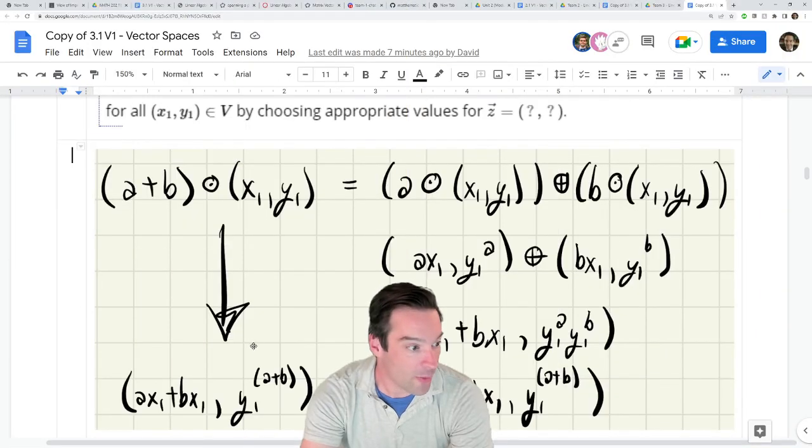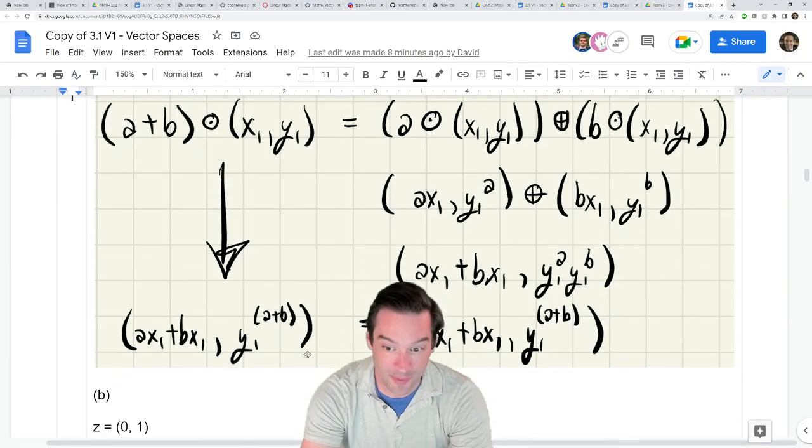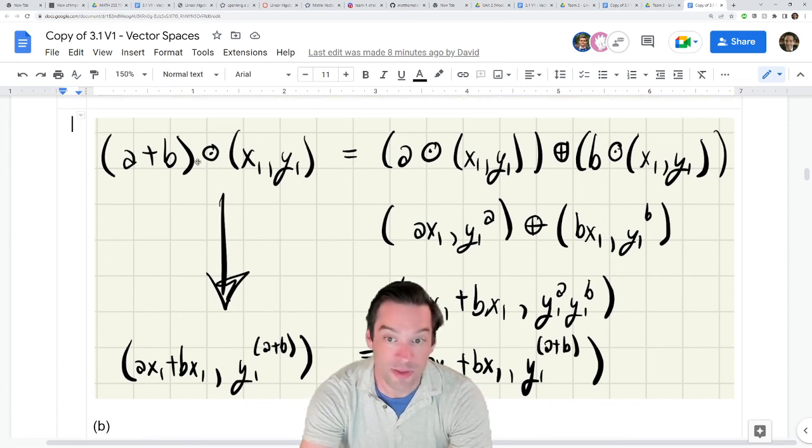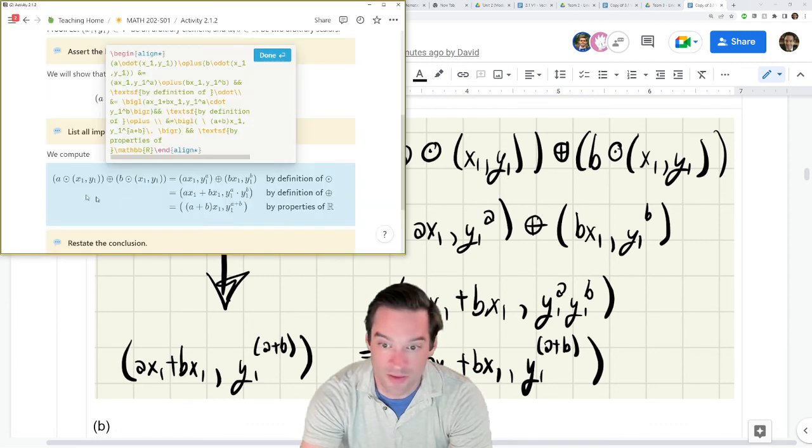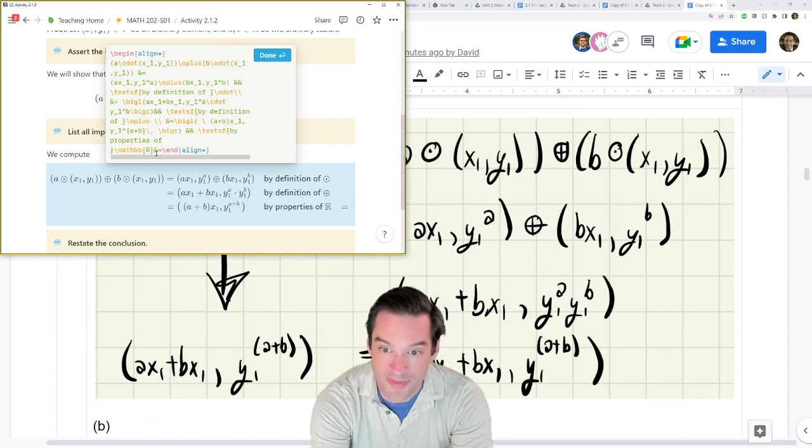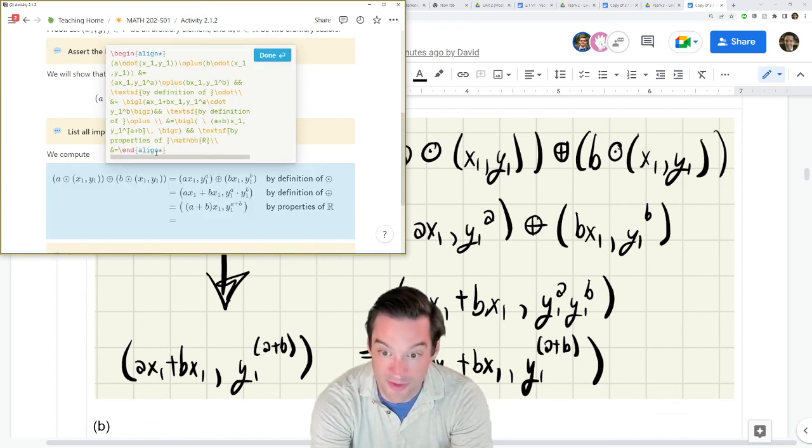And now that we're here, this is the place where we follow the arrow backwards on this cocktail napkin. We have this lower left-hand piece, and we just have to replace it with the upper left-hand piece. We'll make that replacement because we know that it's equal, but then we'll talk about what the warrant ought to be for that step. So this is a plus b, funny multiplication, x1, y1. But what's the warrant?